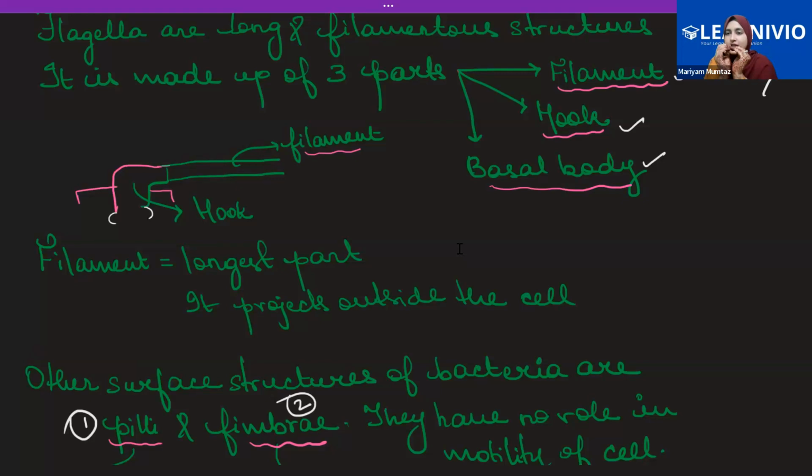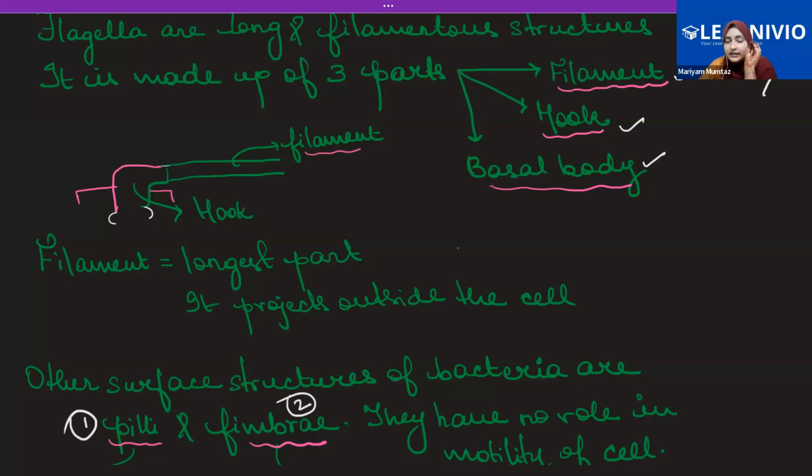So it's at the base of the flagella, and then begins the hook portion, and the part of the flagella that comes out of the cell, the part that is visible, the part that helps the bacteria to move along, that is your filament. So talking about the filament, it is the longest part and it comes outside the cell.